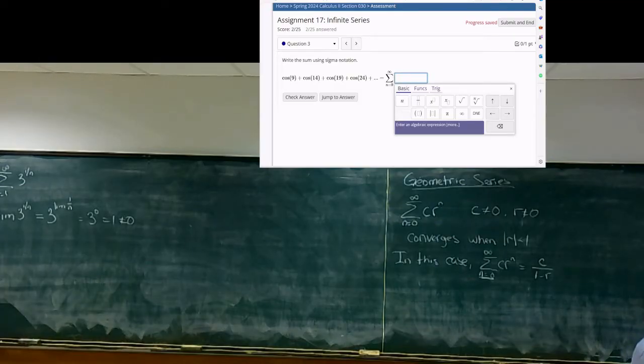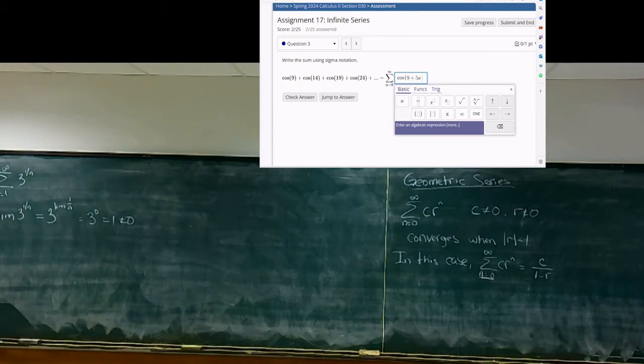Here's another cosine. n starts at 0. I'm starting to see a pattern to their questions.